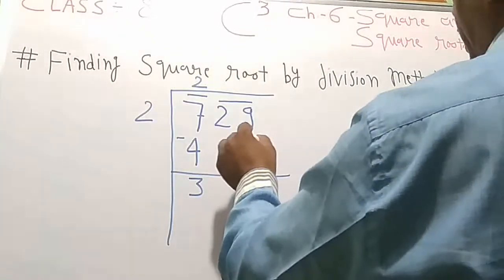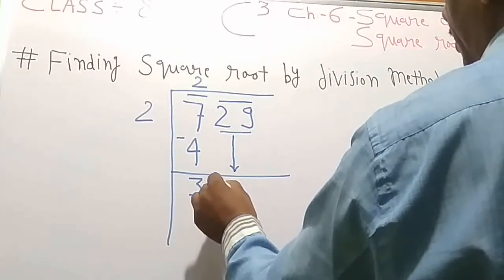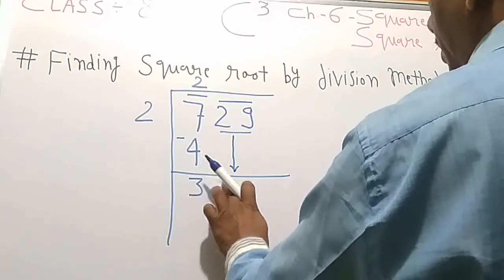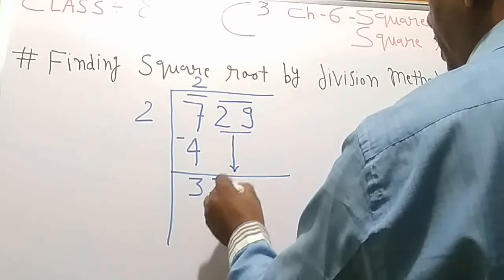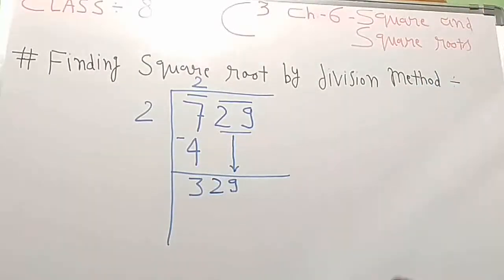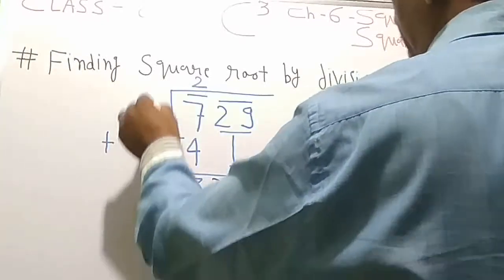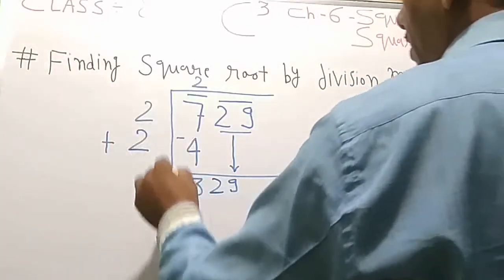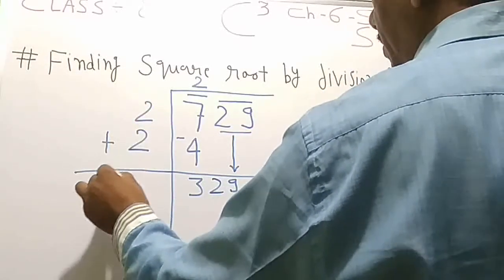Now we bring this pair down, so the new number is 329, and here we add the same number. If we are using 2 here, then we add the 2 here. 2 plus 2 gives 4.